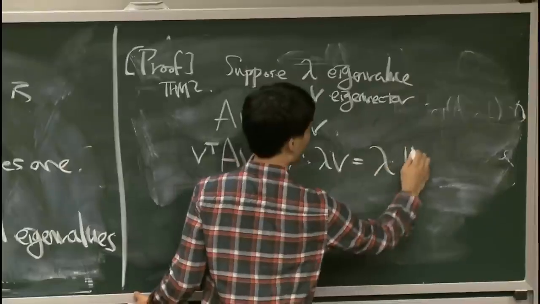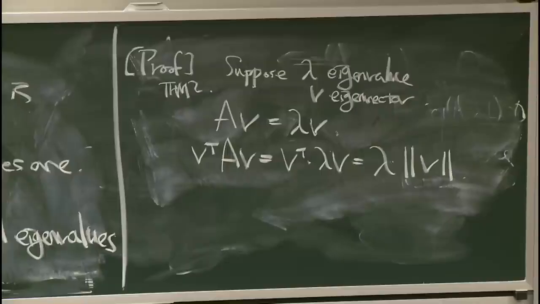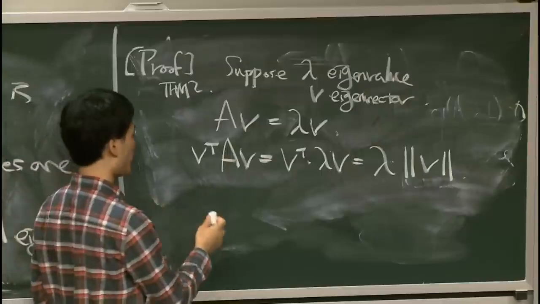It is lambda times the norm of v. Now take the complex conjugate.